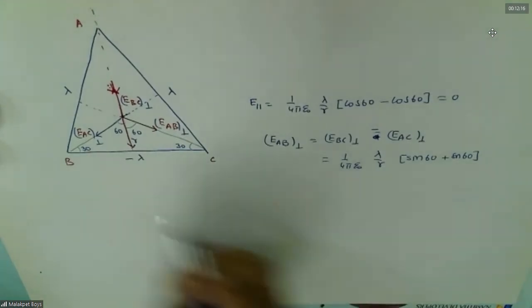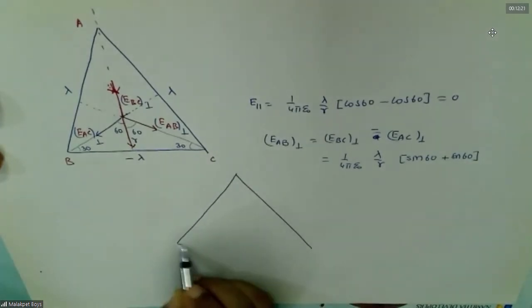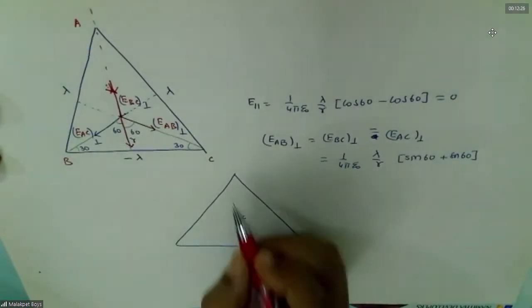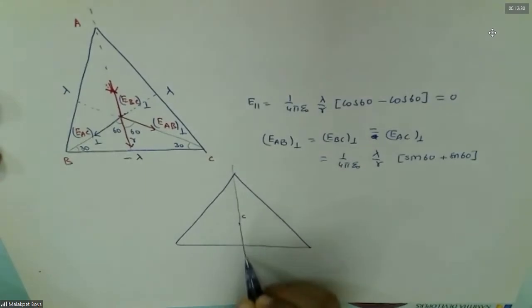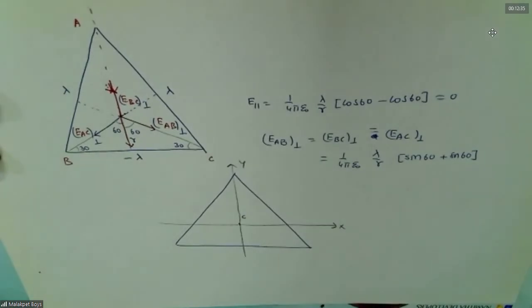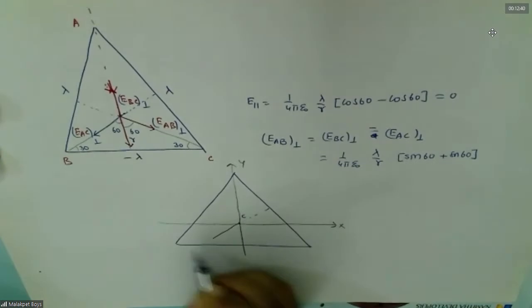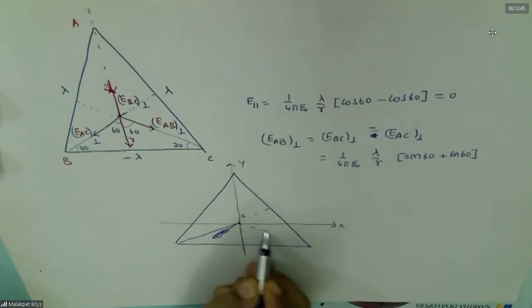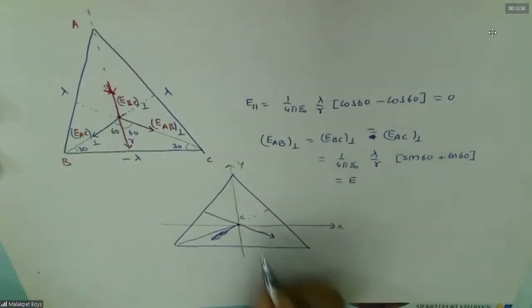Now you can see, this is point C. So if I take this as the y-axis, this as the x-axis, say this is some E you take.